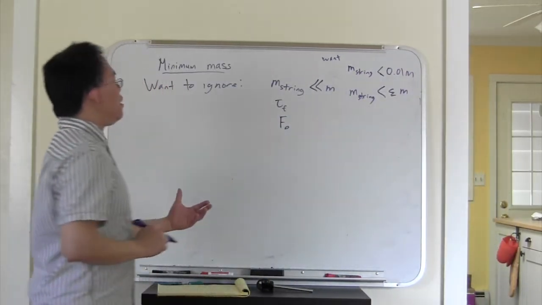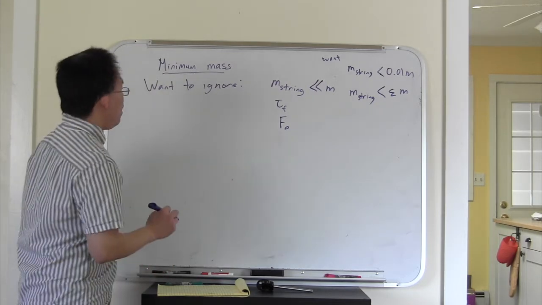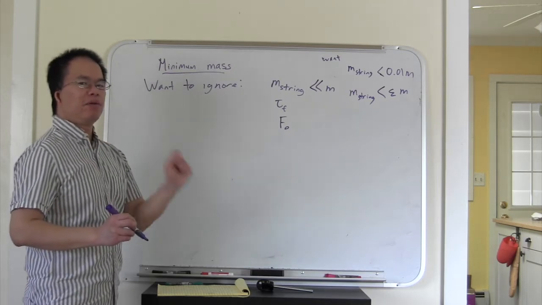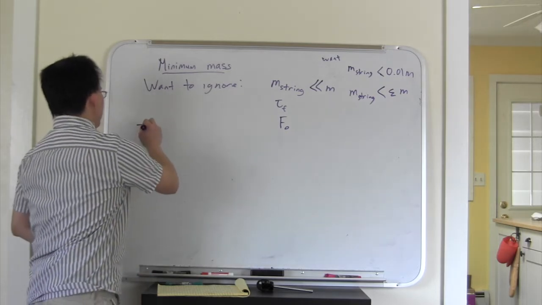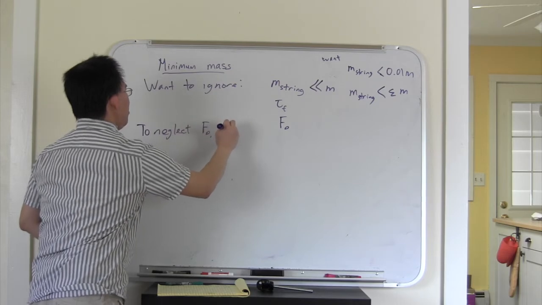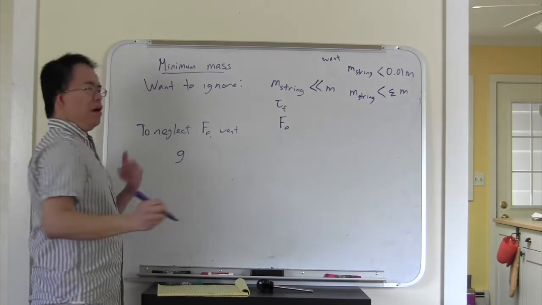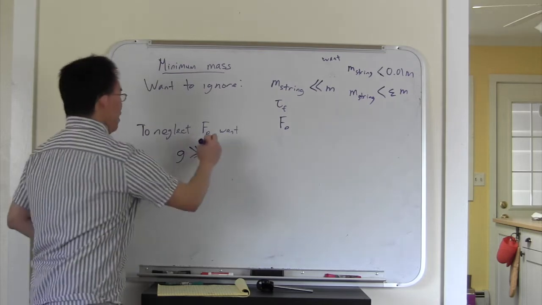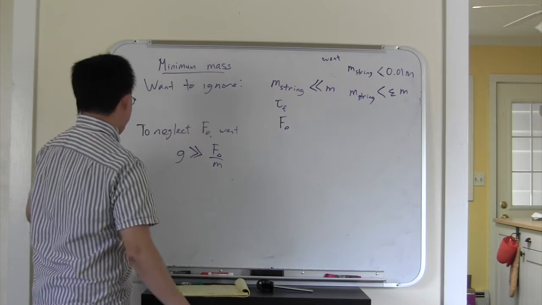The same kind of idea applies to all the other things. In particular, for our drag force, remember we said when we were looking at the refined model for the acceleration, to neglect Fd, we want that to be small, so we want g, our free fall acceleration, to be much larger than Fd over my mass.